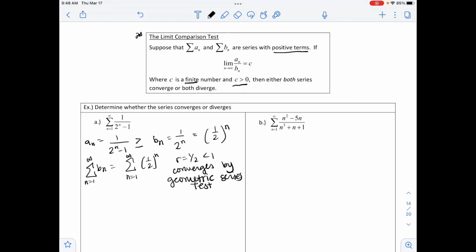But looking back at your comparison test that was on the previous page, you'll notice that because this converges, I would need to have a sub n less than or equal to b sub n in order to state that it also converges based upon the comparison test. So we can't use comparison test.